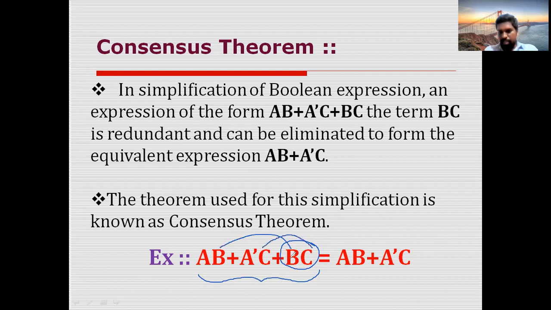That means the literals in this third term are already involved in the previous terms, so you can eliminate this term. You can call it a redundant term, eliminate it, and write the rest as your answer. See, the term BC is redundant. Why? Because B and C already exist in the first and second terms, so there is no need to write BC. That is called the consensus theorem.